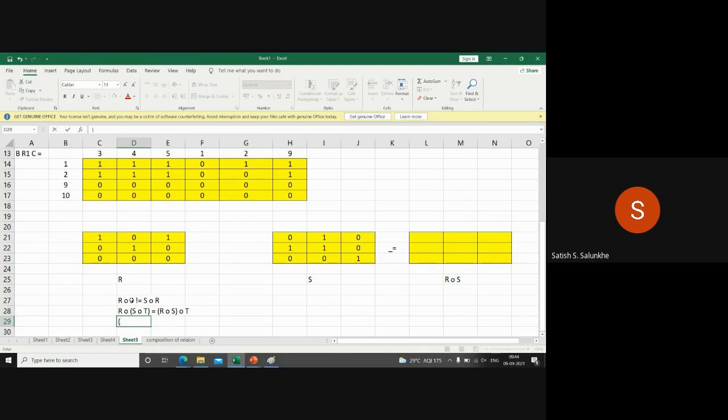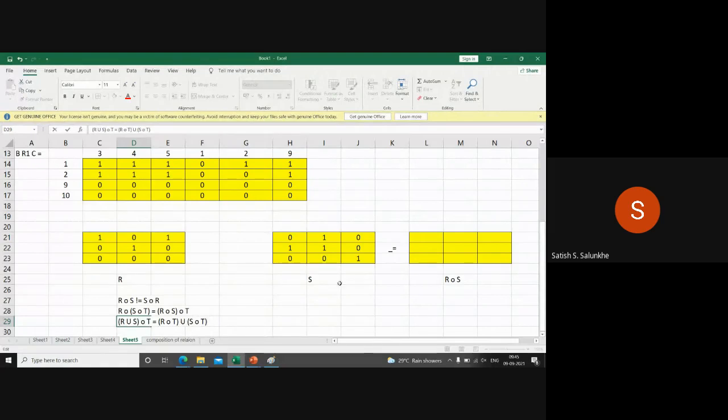If you have R union S and then you want to do the composition with T, that is equivalent to first doing R composition T, and then the union operation with S composition T. Inner becomes outer and outer becomes inner.